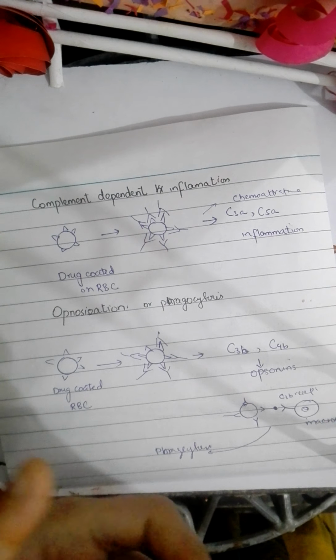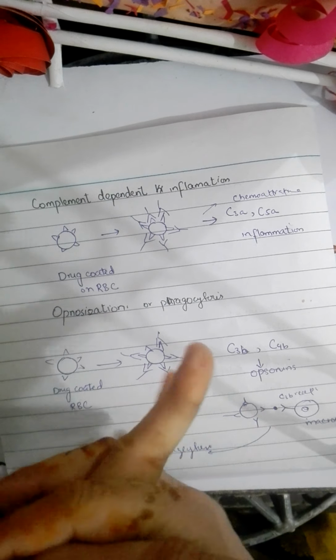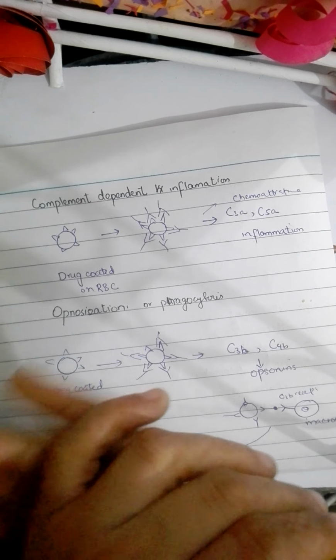This drug causes our body to recognize the drug as a foreign particle, and this causes agglutination. Then the complement, after the agglutination due to the drug given to the patient, produces the chemoattractants C3a and C5a.